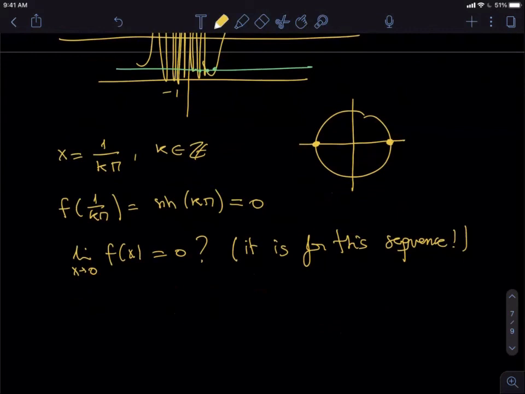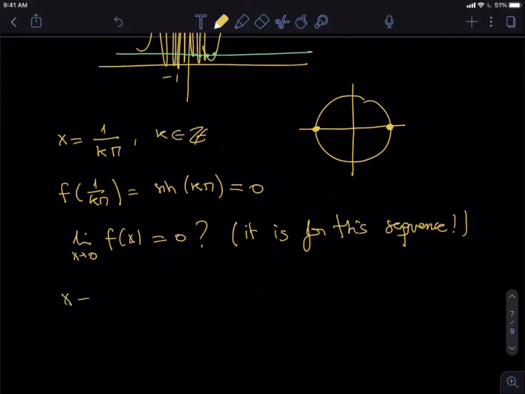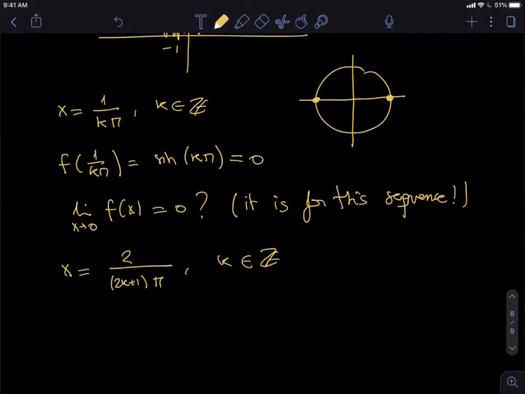But we could also take, let's say, 2 divided by (2k plus 1) pi, again k in Z. These values, let's call them xk, converge to 0 again.